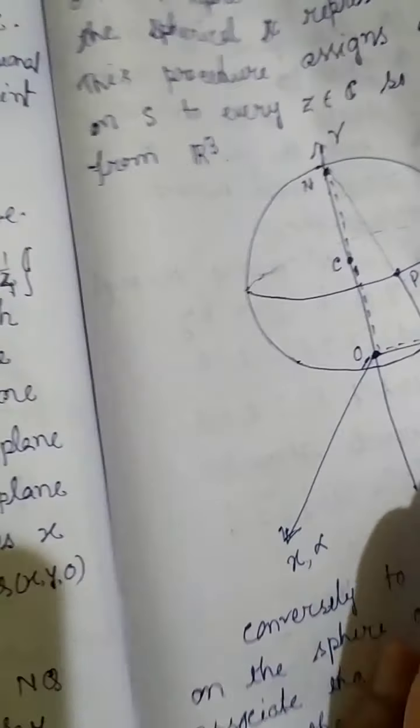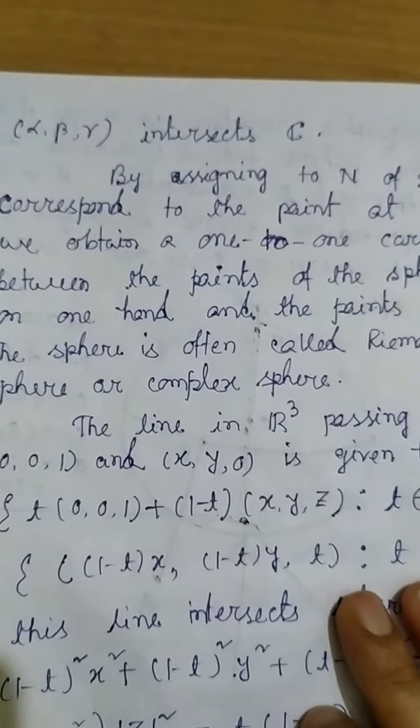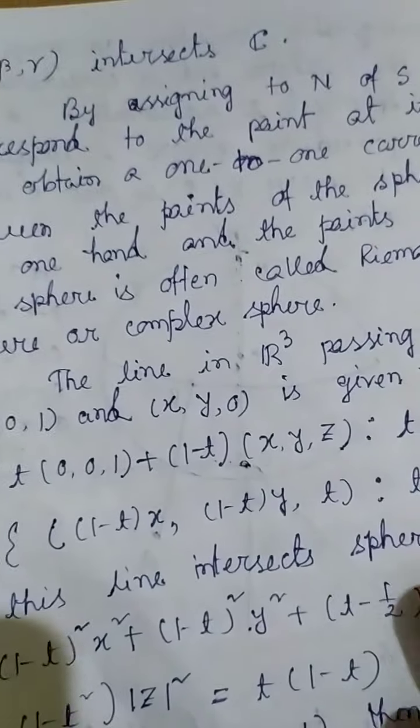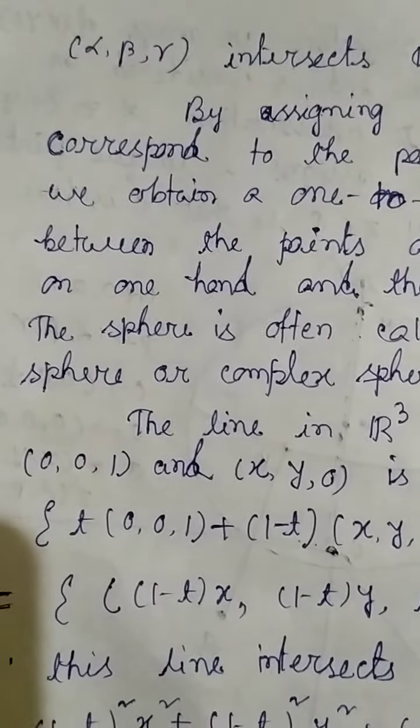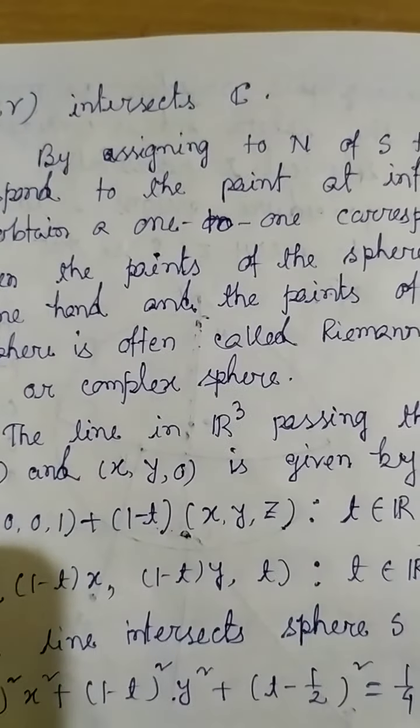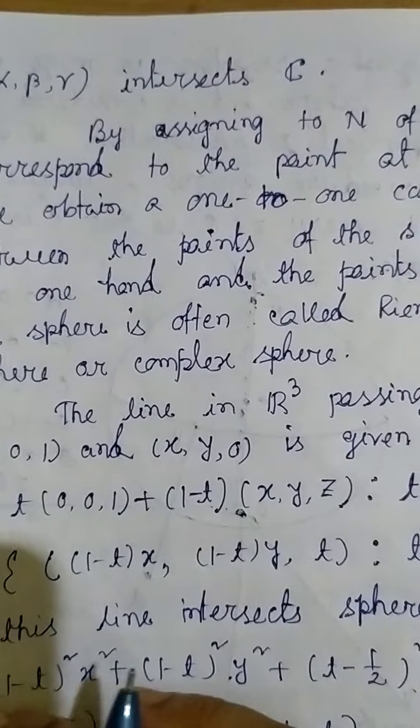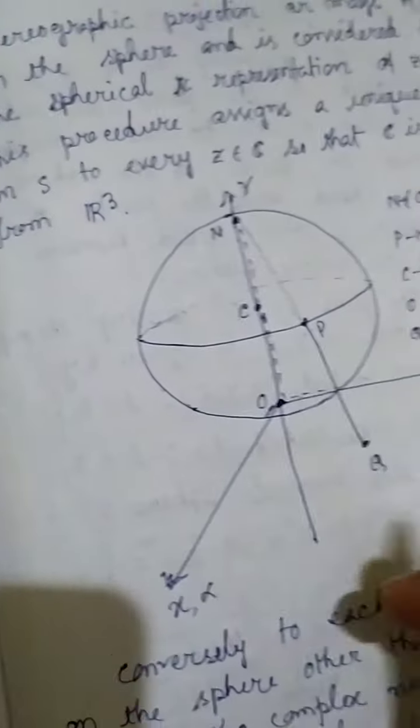So how can you represent this concept mathematically, how can you get this one-to-one correspondence, how can you have this formula? First, observe another important thing.